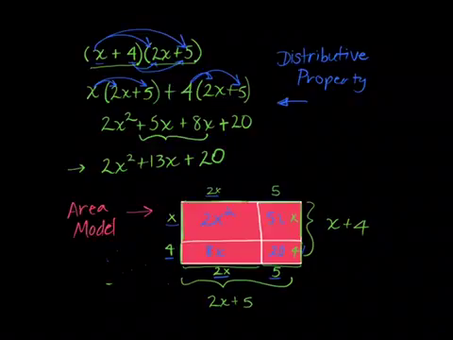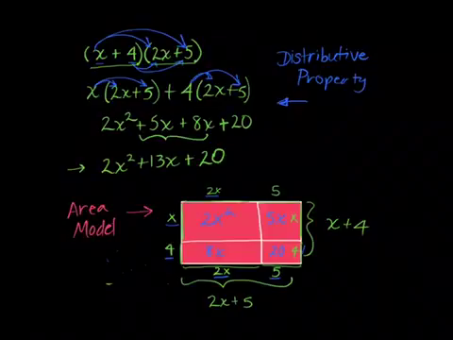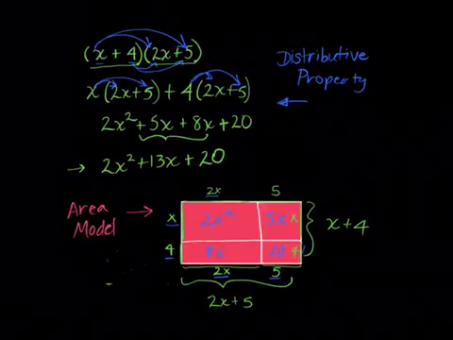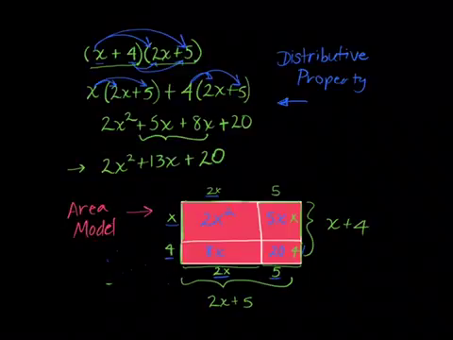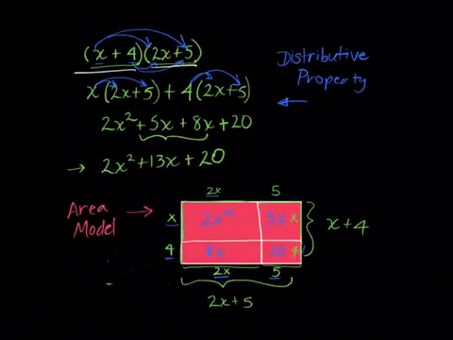And finally, 5x. And so to get the area of the large rectangle, which actually is the product of our two binomials that we started with, because that's what we chose for the sides of our rectangle, we combine like terms and we add the areas that we calculated.